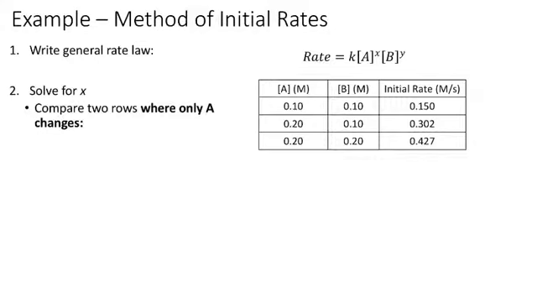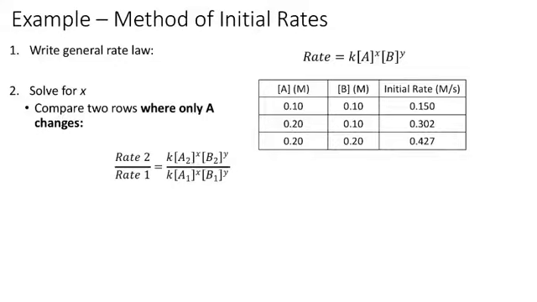In trial 2, A increased, B stayed the same as it was in trial 1. Because the rate of trial 2 is bigger than the rate of trial 1, and because we like whole numbers instead of fractions whenever possible, we're going to put rate 2 over rate 1. And you'll notice in the expression we've written here, we've brought along their associated rate law.